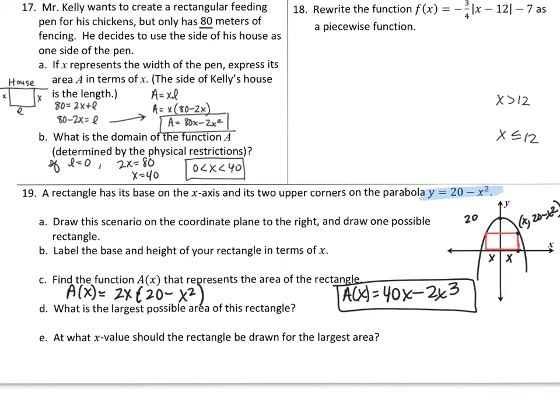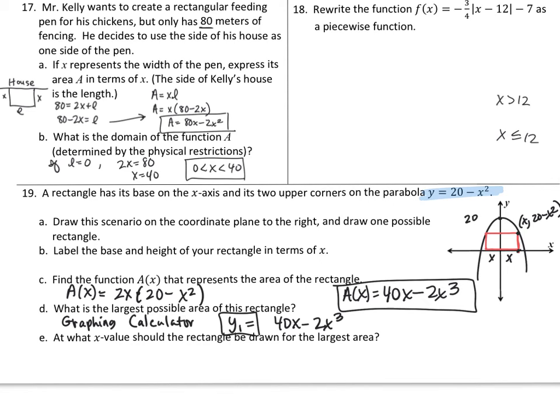What's the largest possible area of this rectangle? At this point, you're going to need your graphing calculator. I would use the graphing one. That'd be the easiest. You're going to go where it says y1 equals, in that graphing part that we did, and type in 40x minus 2x cubed.